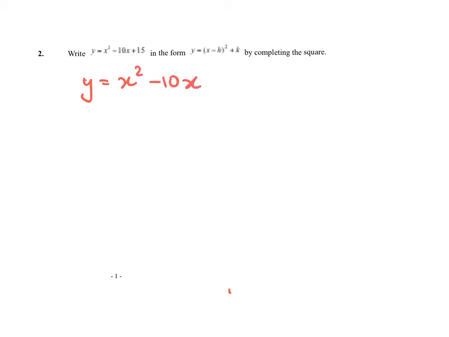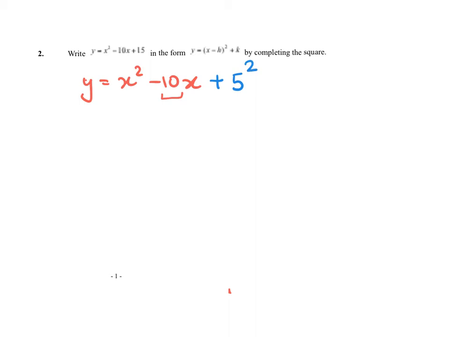Now, the first thing, before I add 15 here, I'm going to look at the coefficient of x, and it's 10. It's actually negative 10, but we're going to ignore the negative, just look at the 10. And half of 10 is 5. I'm going to use a different color. Now I'm going to add half of the coefficient of x to the power of 2.